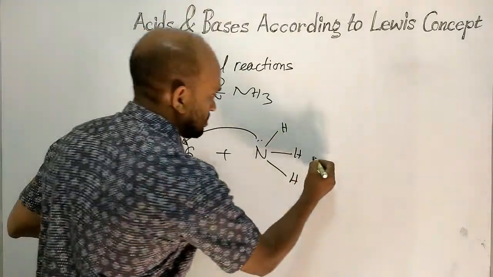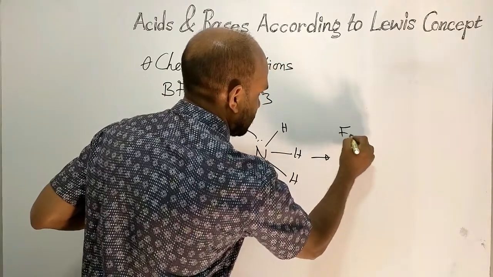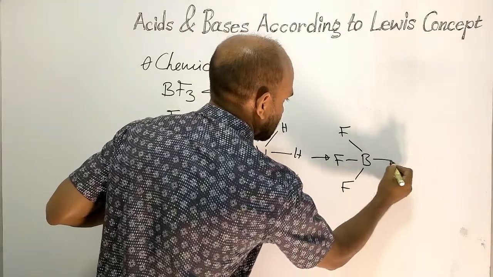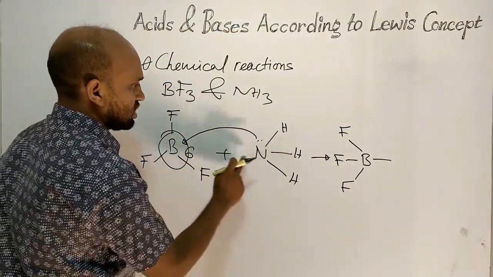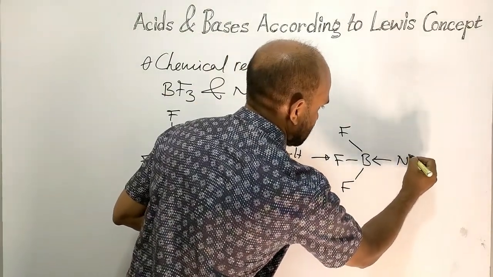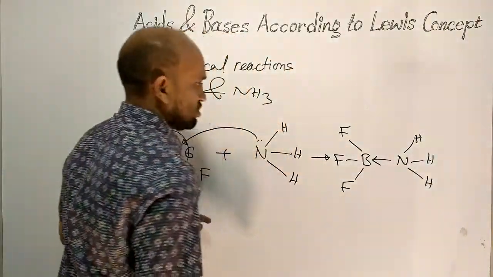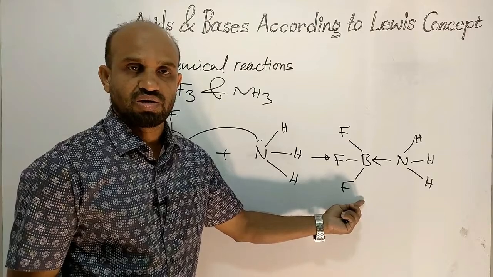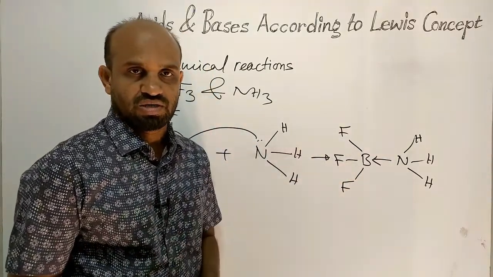Now the compound is, this is boron, fluorine, fluorine, fluorine. Here the bond which is formed between boron and nitrogen is a kind of coordinate covalent bond. This is hydrogen, hydrogen, hydrogen. Now the compound is trifluoroboron ammonia or ammonia boron trifluoride.